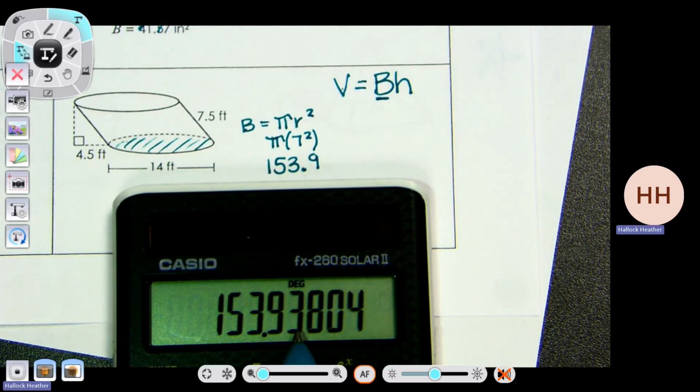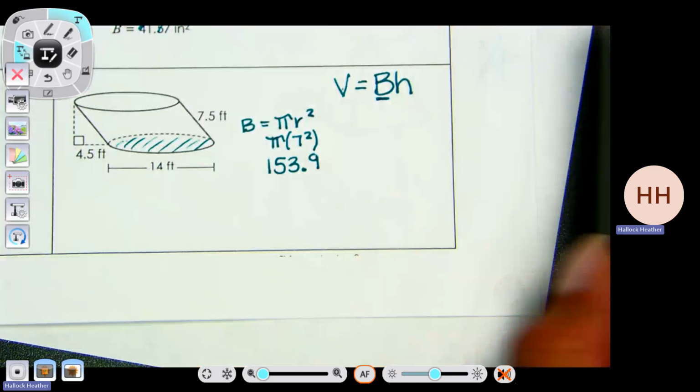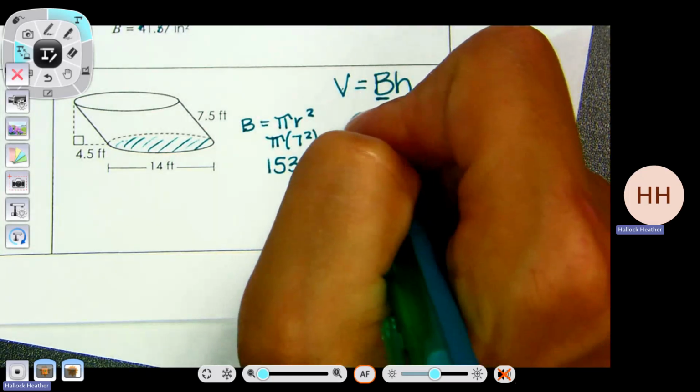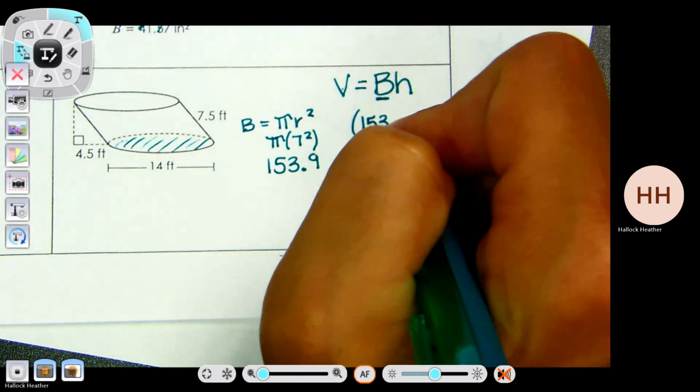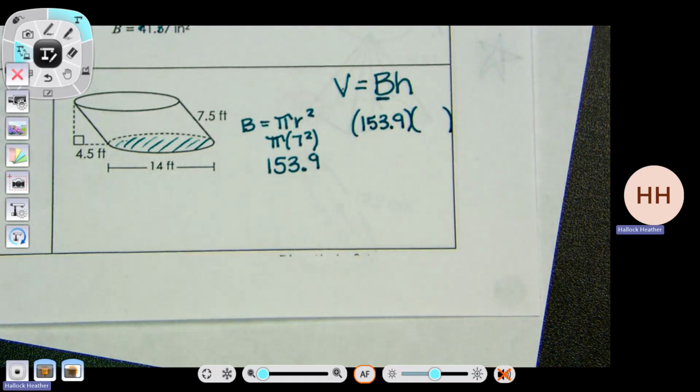So that 3, if it was 5 or bigger, this would round to 154. But because that 3 is less than 5, that 9 stays. Remember, just keep this in your calculator. So big B is 153.9. So now I need to look for my height.